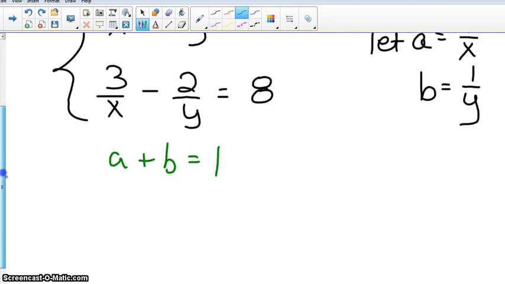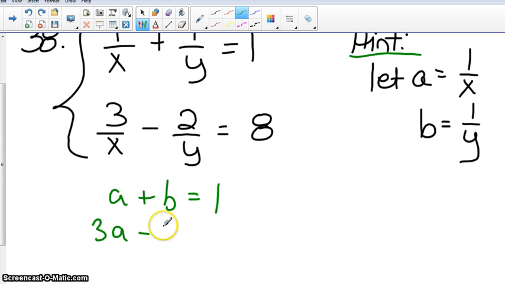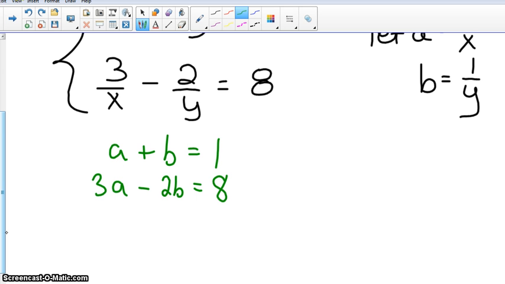And in the bottom one, this is just 3 times 1 over x. So we can say 3a minus 2y, excuse me, 2b equals 8. Now, that's much easier to look at and to try to do by elimination.